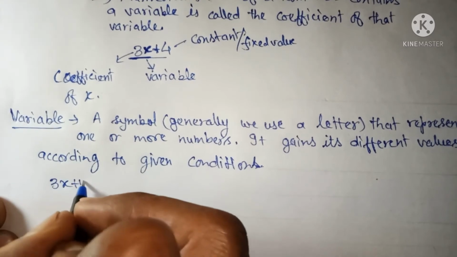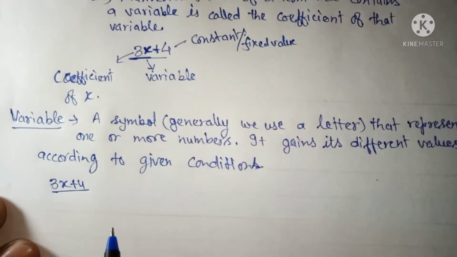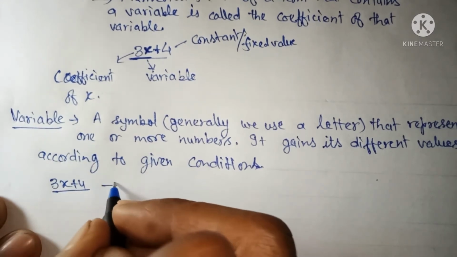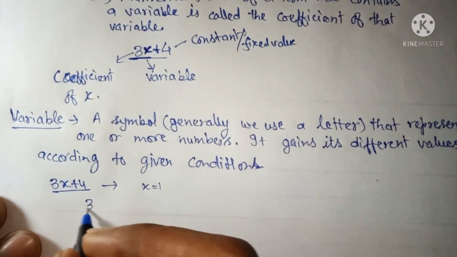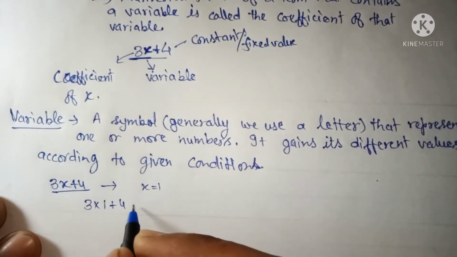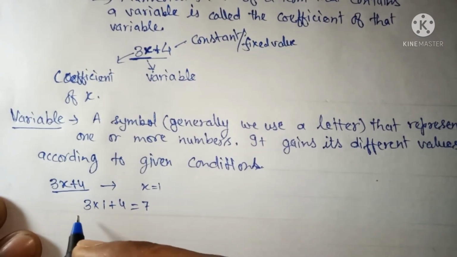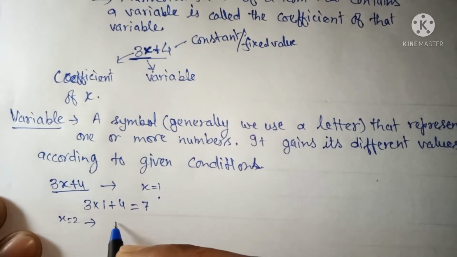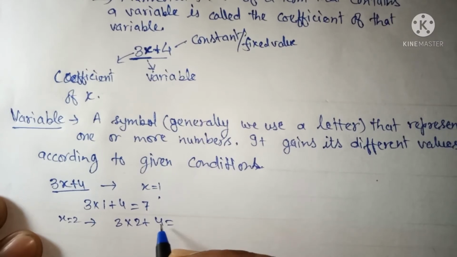Again, let us take the same example. 3x plus 4 is an algebraic expression. When in this expression we put x equal to 1, we get 3 into 1 plus 4, which is 3 plus 4 equal to 7. When we put x equal to 2, we get 3 into 2 plus 4, which is 6 plus 4 equal to 10.